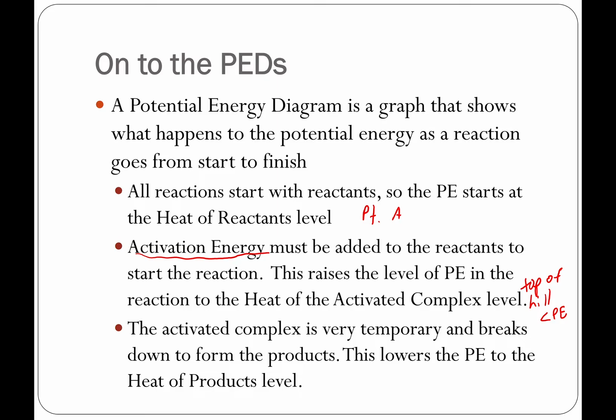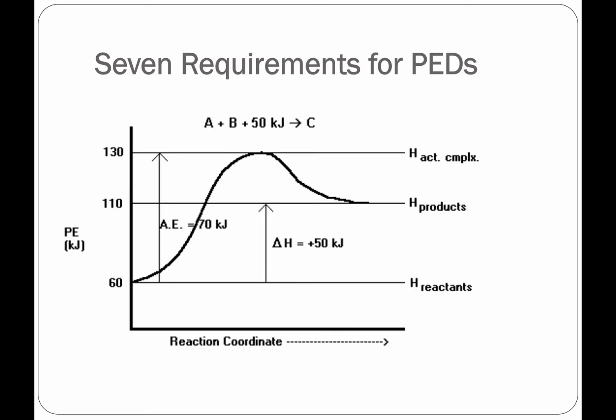If the aspects of collision theory work at this point at the activated complex, we can have that activated complex break down to form products, which would lower the potential energy to the heat of products level, wherever that may be, whether it's an endothermic or exothermic reaction. If we don't have all the necessary parts of collision theory, the activated complex would break down and form reactants again. It all depends on whether we are meeting all those criteria for a successful reaction.